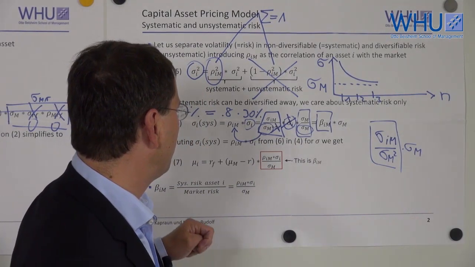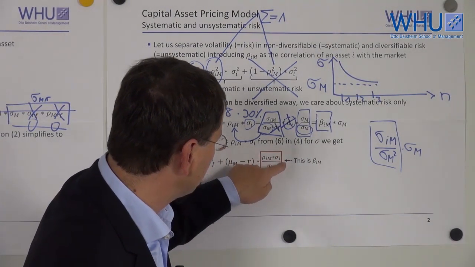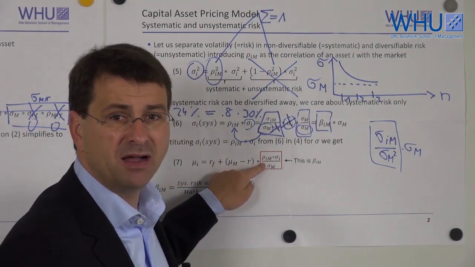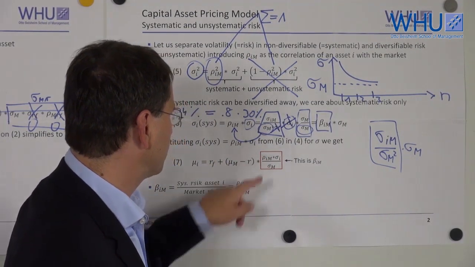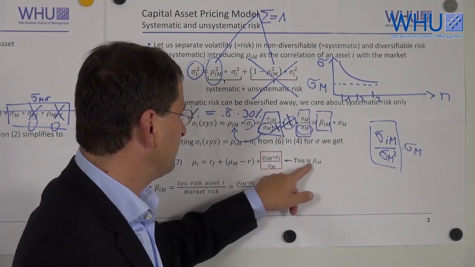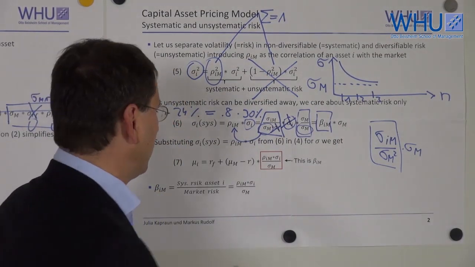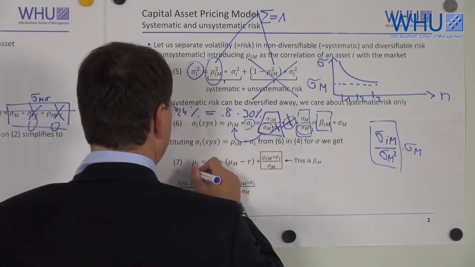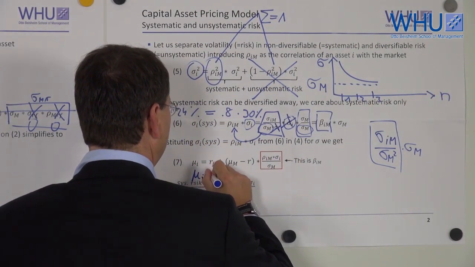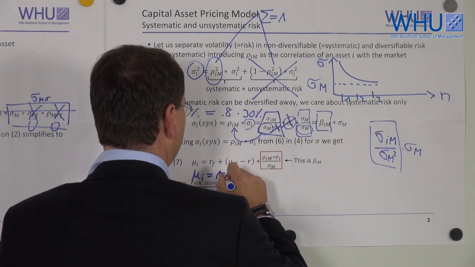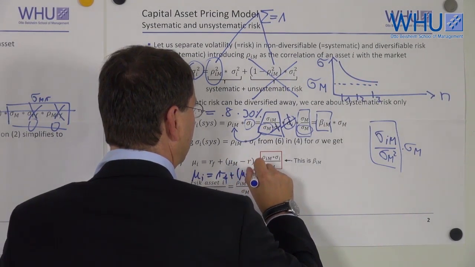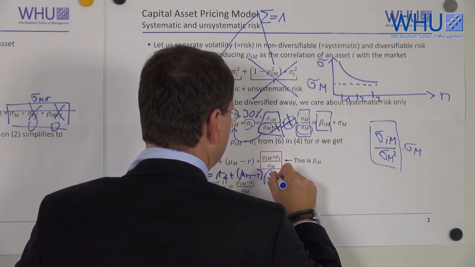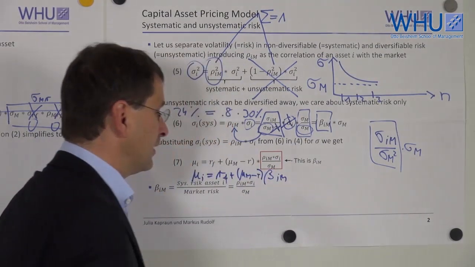So therefore, what we are doing is replacing the sigma by that beta expression, which comes from here. So that is the beta of our portfolio. In other words, if I'm rephrasing the 7, then I find that mu_I is equal to R_f plus (mu_M minus R_f) times beta_IM.